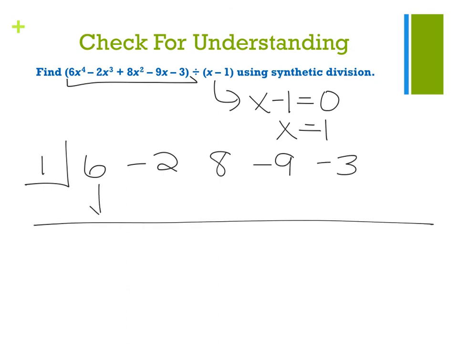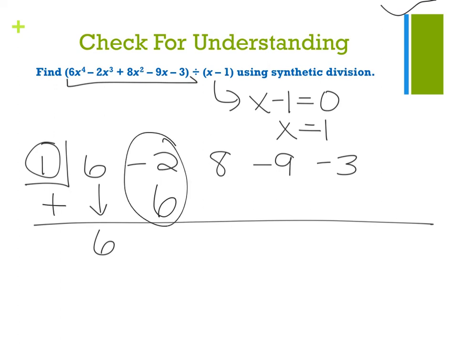When I carry out my synthetic division, I always carry down the first number. So I carry down the 6, multiply the 6 by the divisor. That would give me a positive 6. I record that under the negative 2. Remember, with synthetic, I add my columns. If I add negative 2 and 6, I get positive 4.